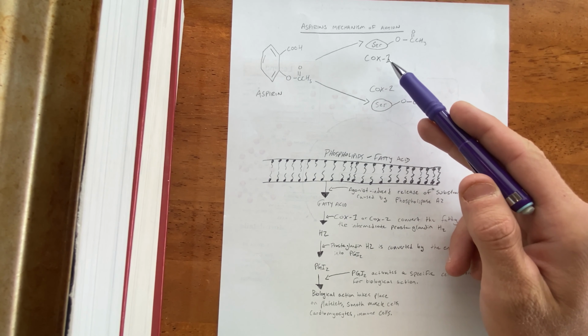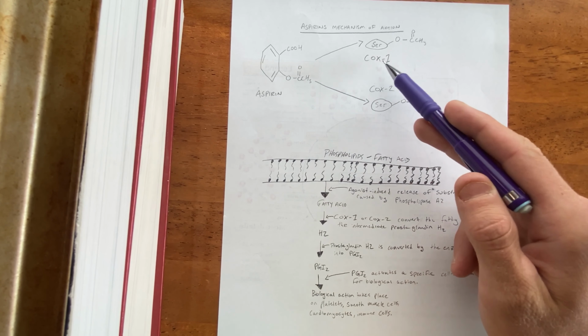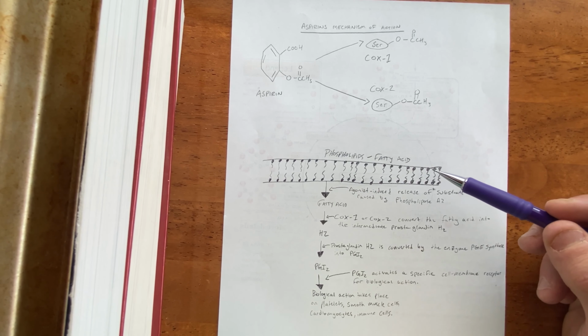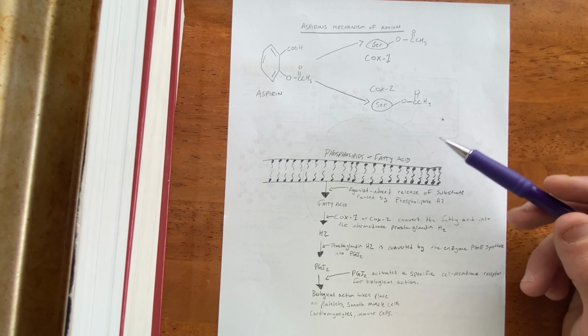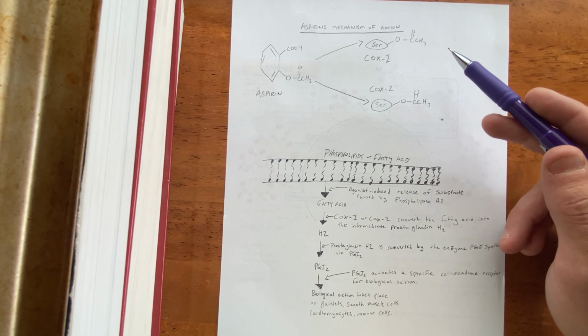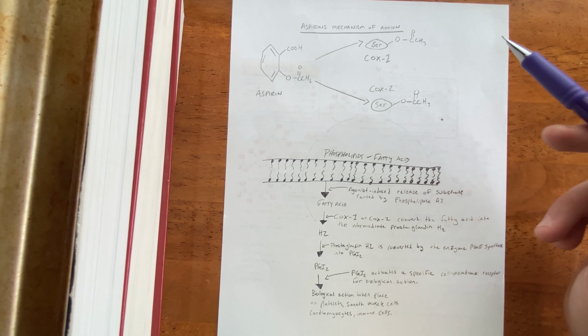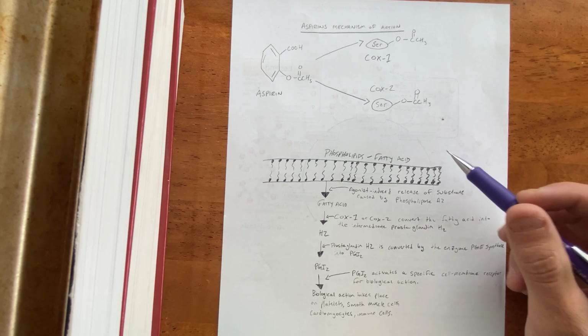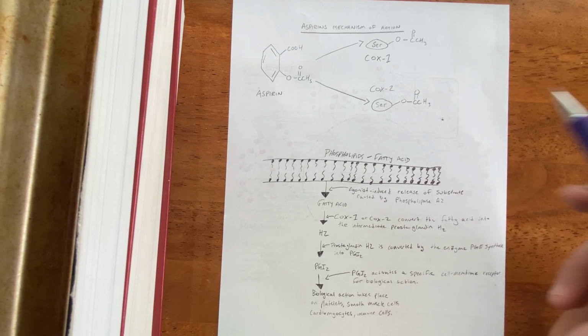And aspirin affects COX-1 and COX-2 a little bit differently. Aspirin basically inactivates COX-1 through the acetylation of the serine residue. And with COX-2, there's more of a turning off of the ability to generate prostaglandins from COX-2.